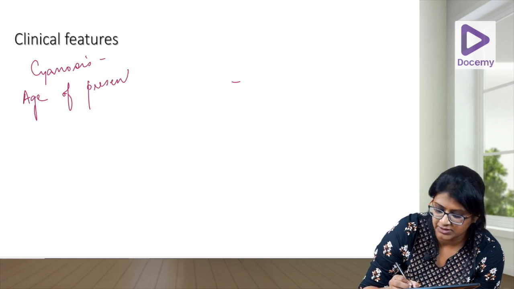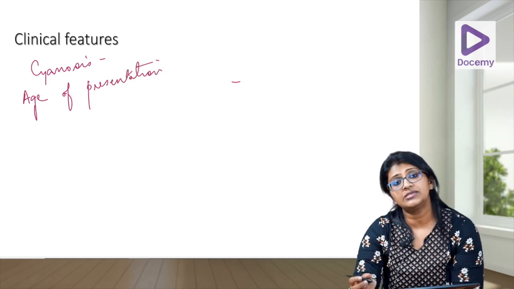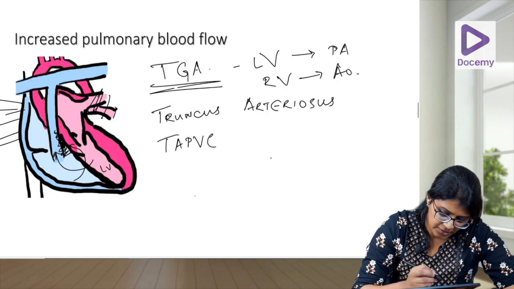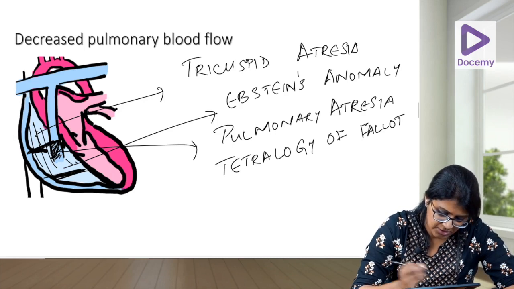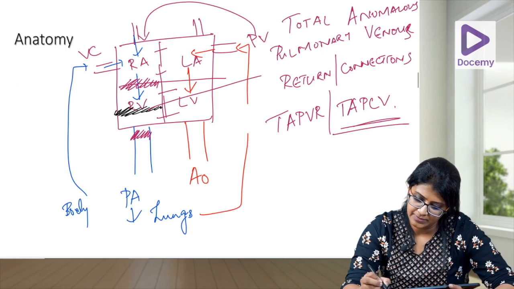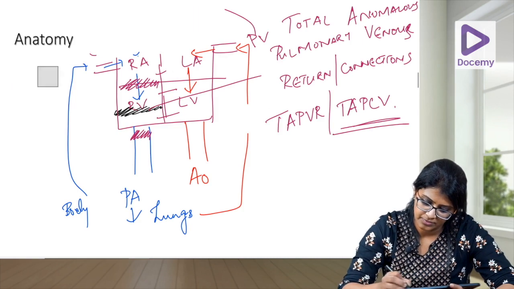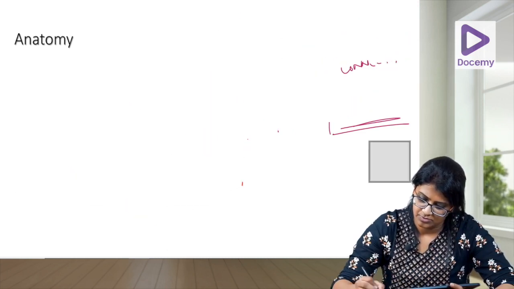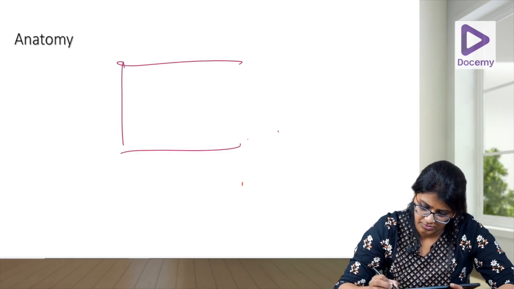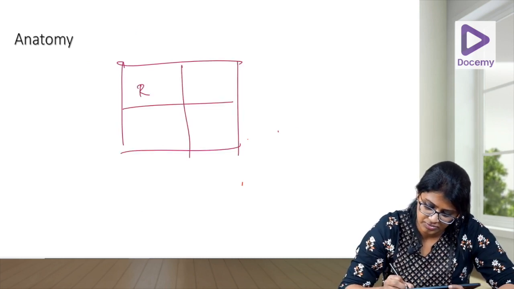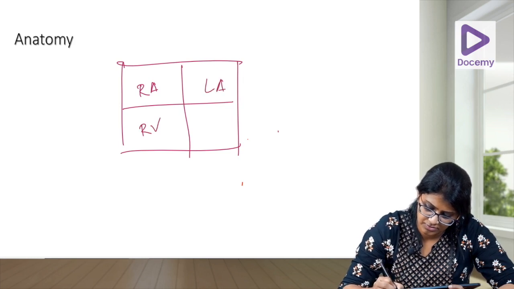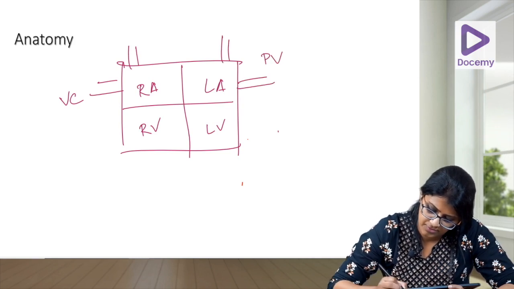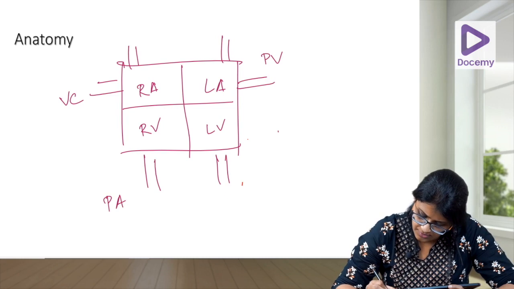Now the most important factor which determines when the child presents is the degree of shunting or the degree of mixing. Suppose you have good mixing. When we were talking about this particular line diagram, I'm just going to go back to it again.